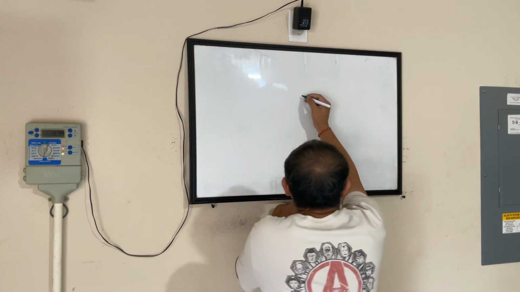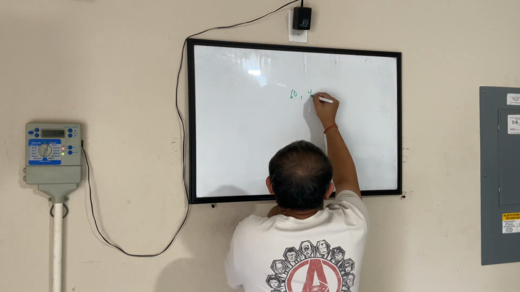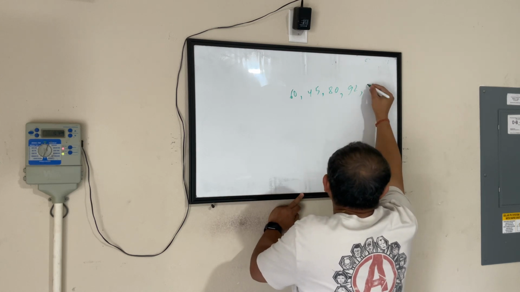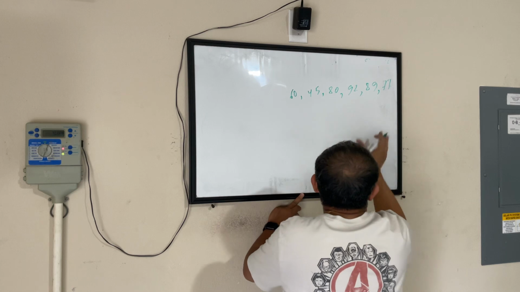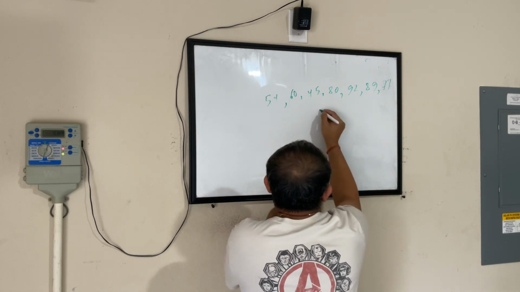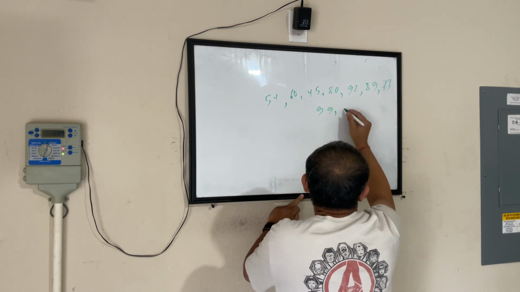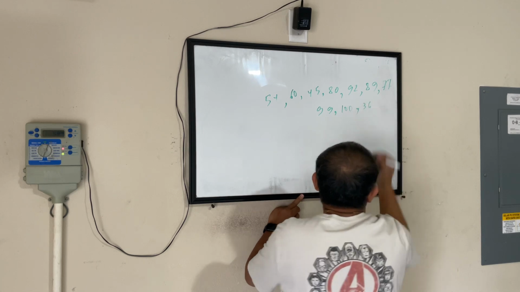If I give you a set of data saying, okay, 60, 45, 80, 92, 89, 77, 54, 99, 3 plus 3, 6 plus 2, 8, 100 and 36.